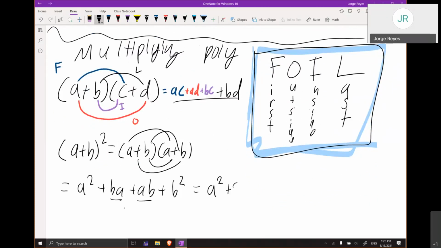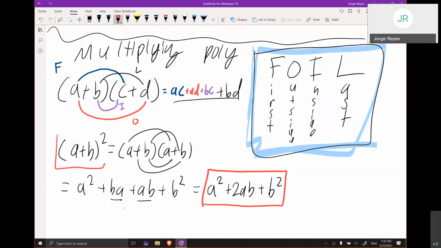So plus 2AB plus B squared, and ta-da! I encourage you to just memorize this. If you don't memorize this, you probably will do this enough that you're gonna accidentally memorize it. But we're definitely gonna be squaring binomials all the time.